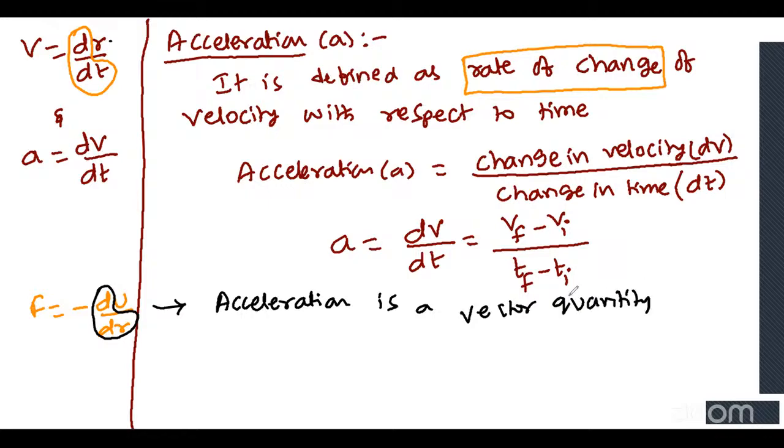SI unit of acceleration: velocity means meter per second, time is second, so it is meter per second square.